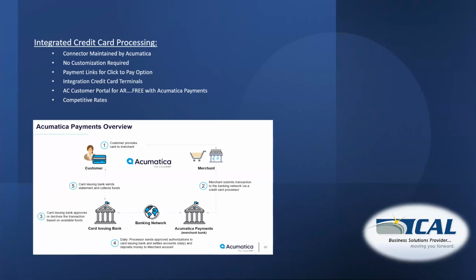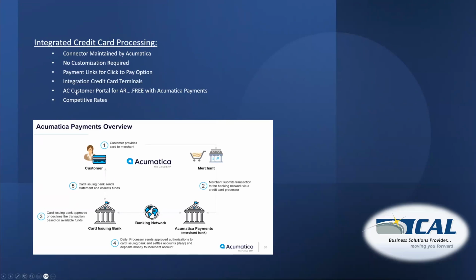And Acumatica Payments gives functionality such as a click to pay option, where you can have a link embedded into your invoice documents and your sales order documents, so that when you email those documents to your customers, they can click the link and it opens up that transaction in the Acumatica payment portal where your customer can go make payment on that invoice.